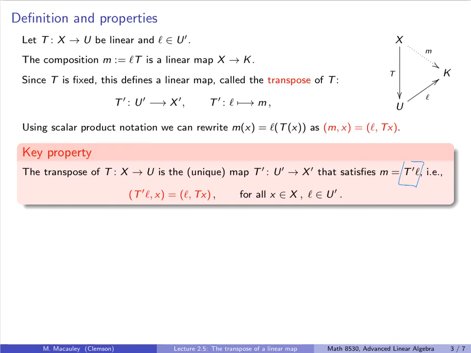By T prime L, I mean T prime of L. So L is the input, sort of like how I might write Tx, short for T of x. Now I say unfortunately because up here I wrote LT, and I actually think I said L of T, because this is literally the composition of two maps.